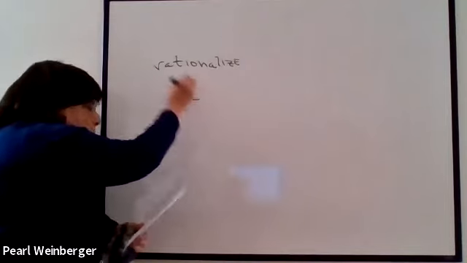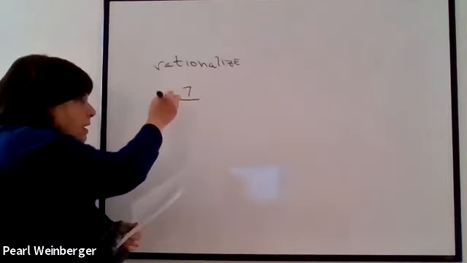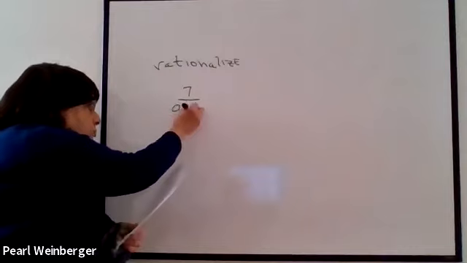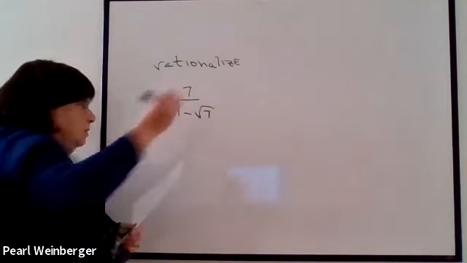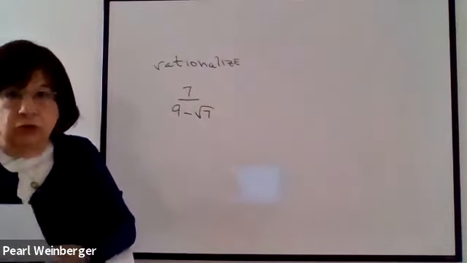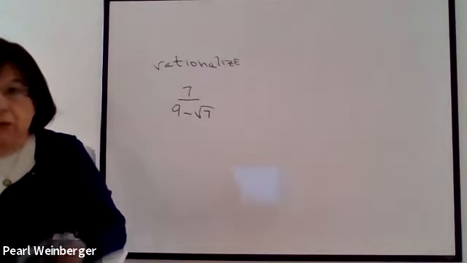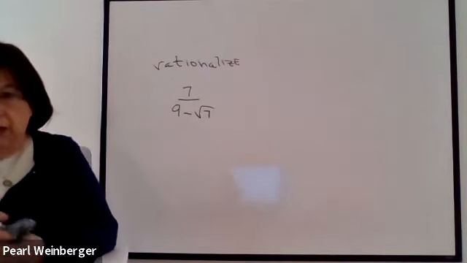Suppose I have 7 over 9 minus radical 7. I'd like you to simplify this by rationalizing the denominator.